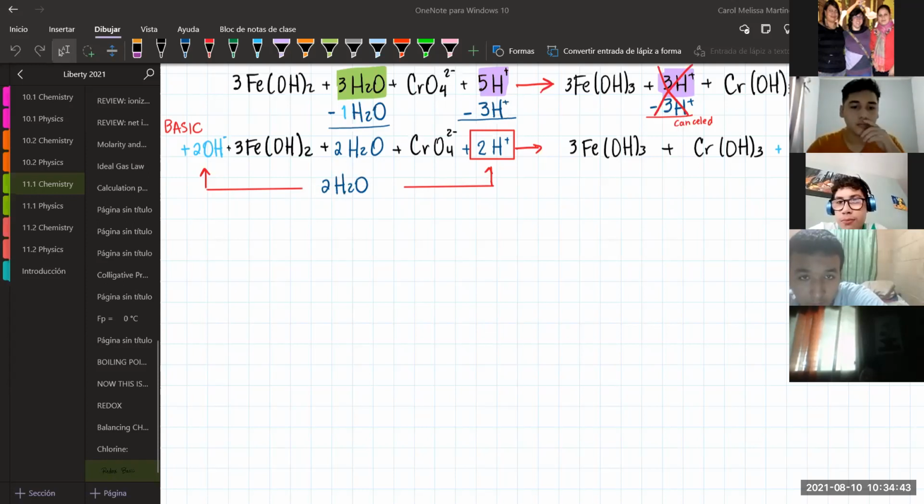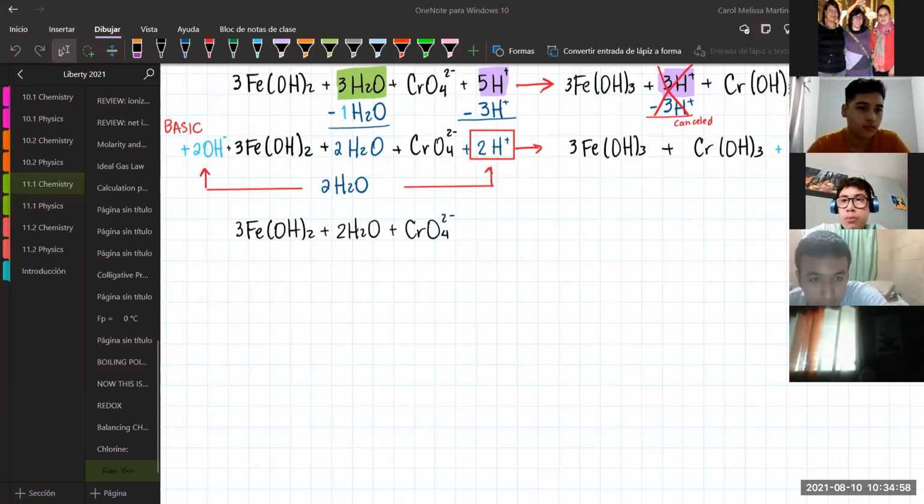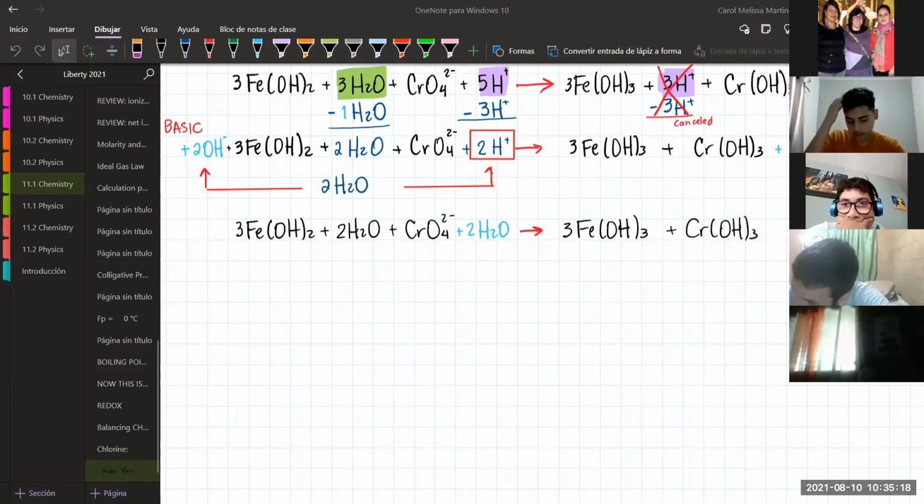So this equation now is changing to, now I will write the combination that we got, 2 H2O. All this is producing what we have in the products. I will leave this in blue.